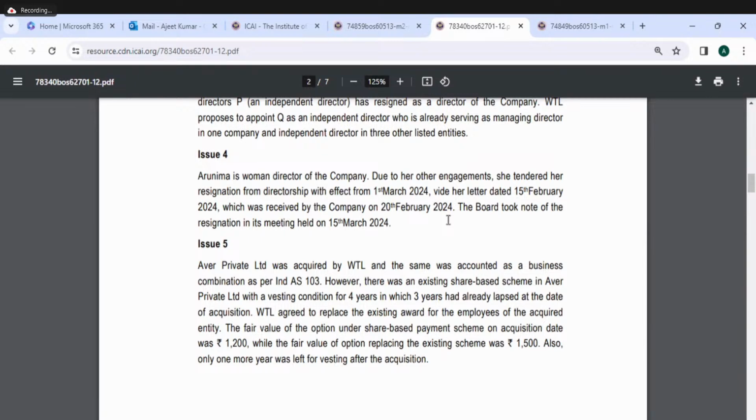So directors play a very pivotal role in the decision making and management of the company. Yes, very good, Tanisha, it has to be attempted with the Companies Act 2013, Section 149.